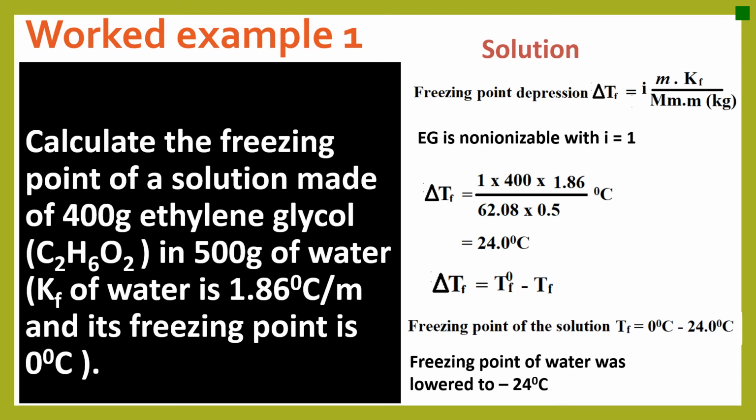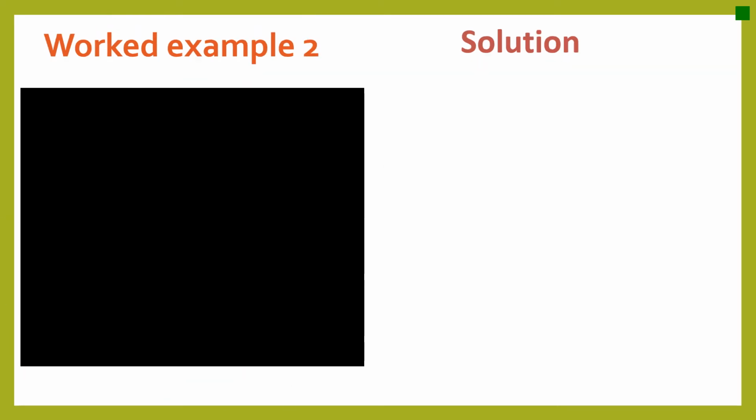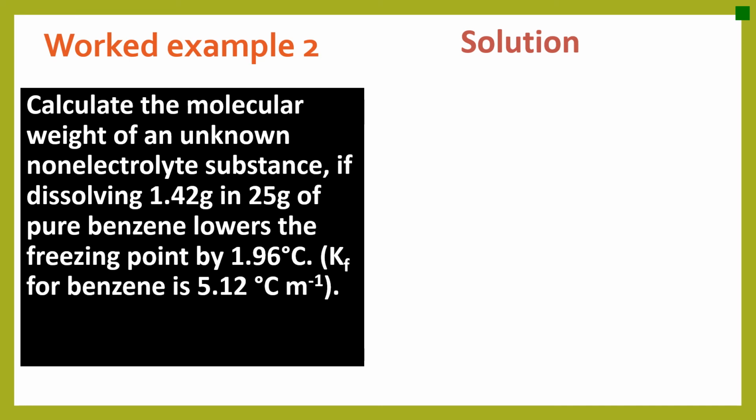24 degrees Celsius. Number 2, we are asked to calculate the molecular weight of an unknown non-electrolyte substance if dissolving 1.42 grams in 25 grams of pure benzene lowers the freezing point by 1.96 degrees Celsius.